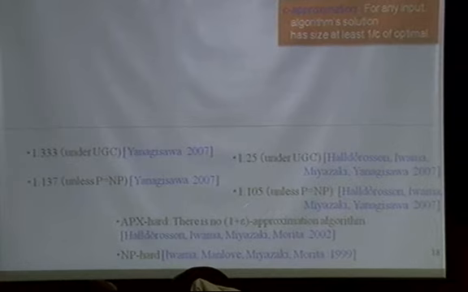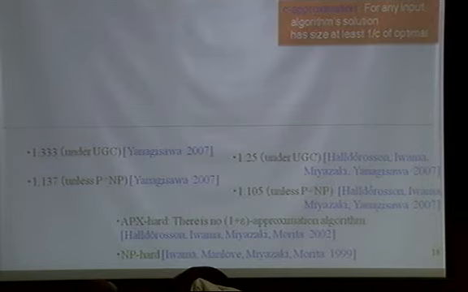And these are results for max SMTI with one-sided ties. This means that, for example, women can include ties in preference lists, but men's preference lists must be strict. So this is a sub-problem of this problem. So this is easier. This is harder.